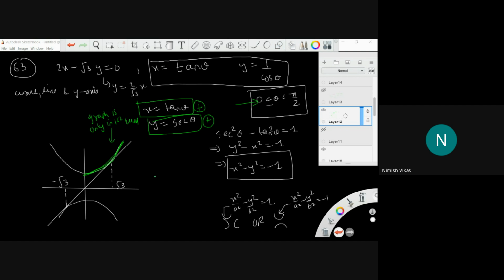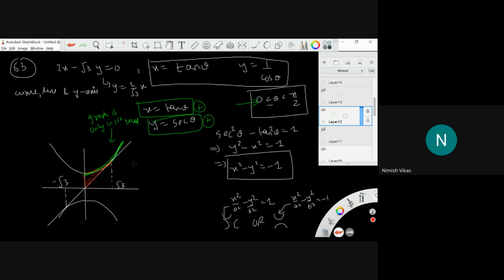The question is asking for the area bounded by this curve, the line and the y-axis. So which area are we talking about? The area bounded by this curve, the straight line, and the y-axis. So we have to find this area. Obviously the upper graph minus the lower graph.